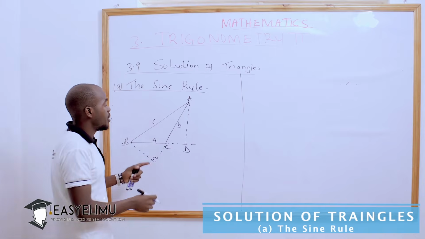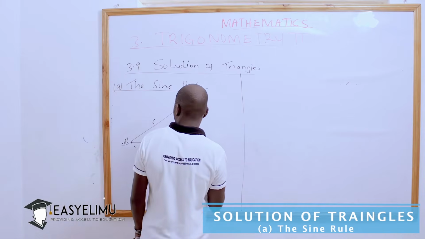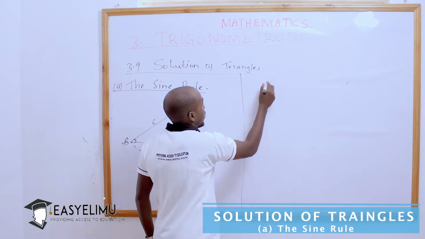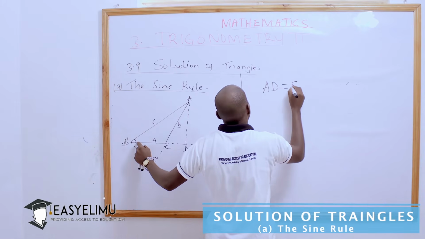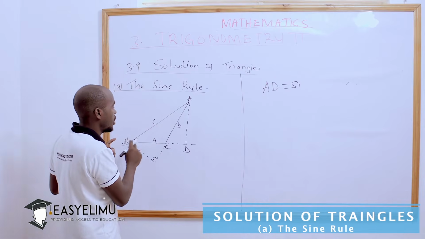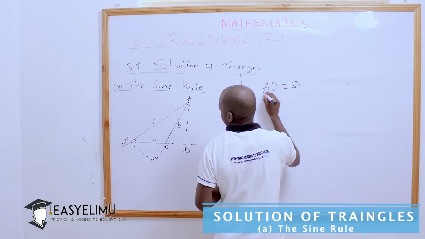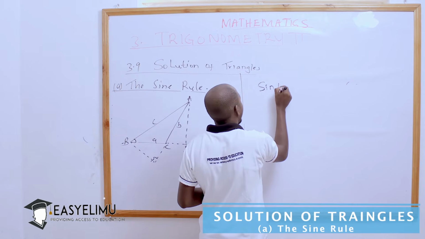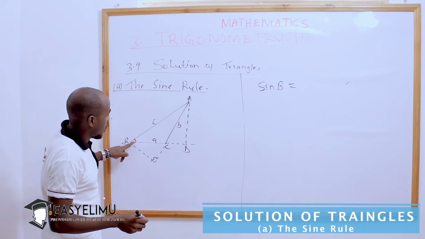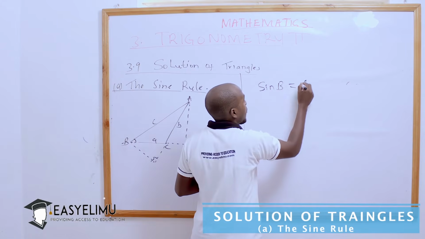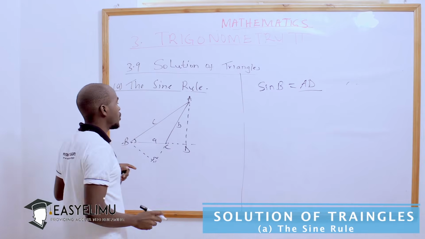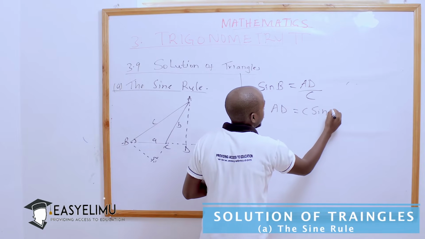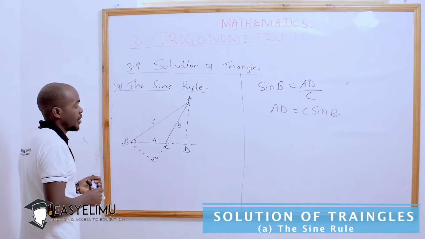I'll be using this angle here, and using the triangle ADB, we shall say sine of that angle, which is sine B, is equal to AD over the hypotenuse of the triangle, which is C, and we shall find that AD is equal to C sine B, whatever we just found in the previous one.